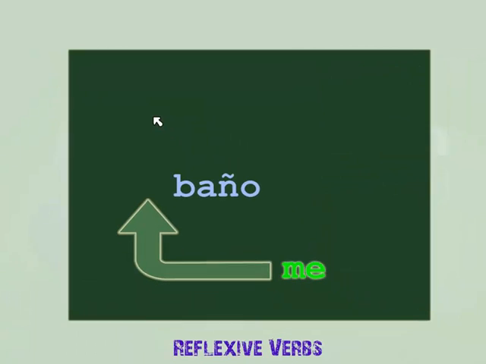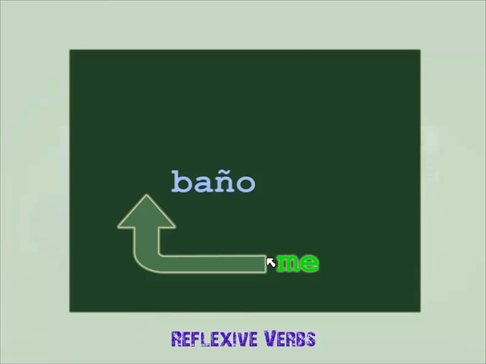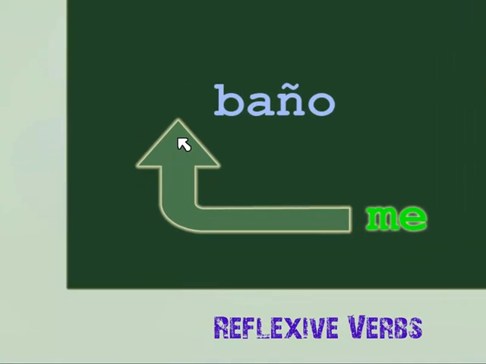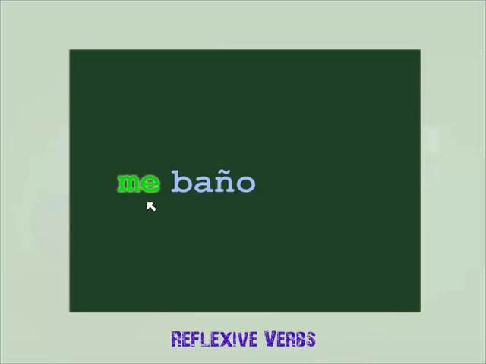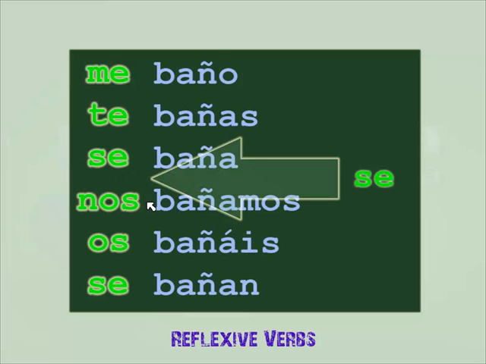We're going to take that me and place it right in front of the conjugated verb. Be sure to leave a little space in between the two words. This is what all the present tense conjugations look like for bañarse.